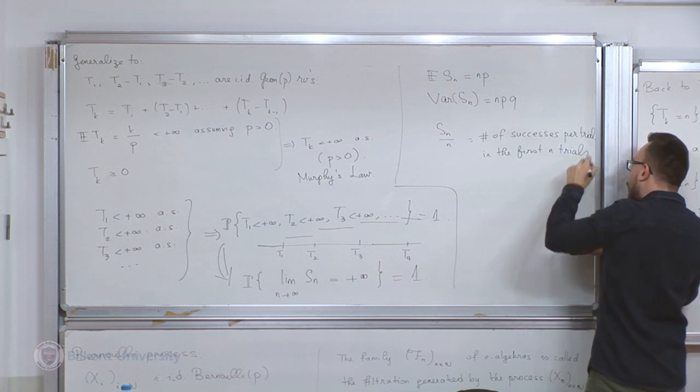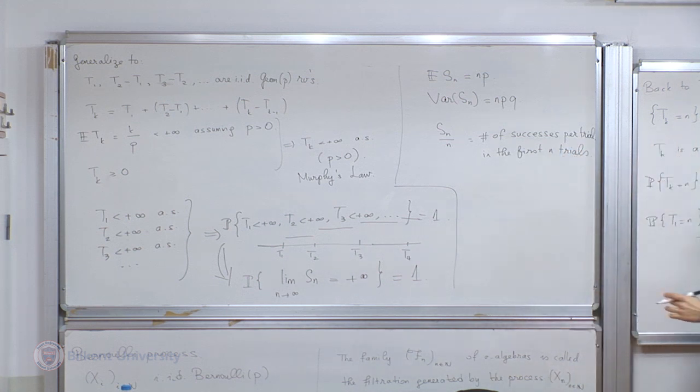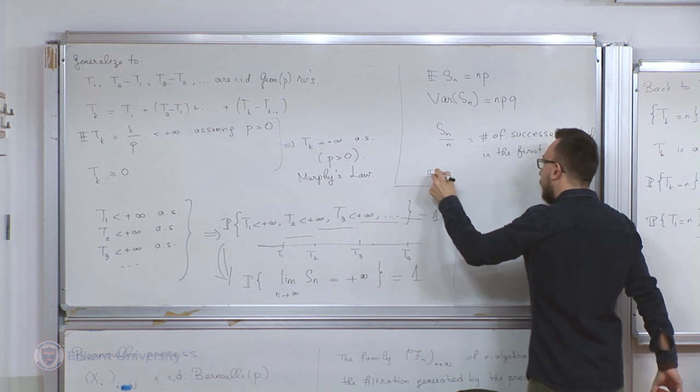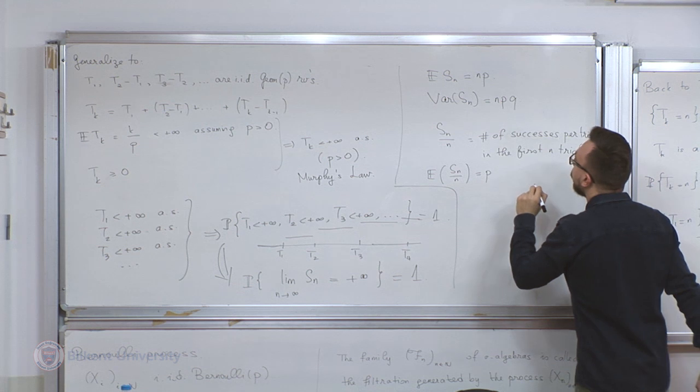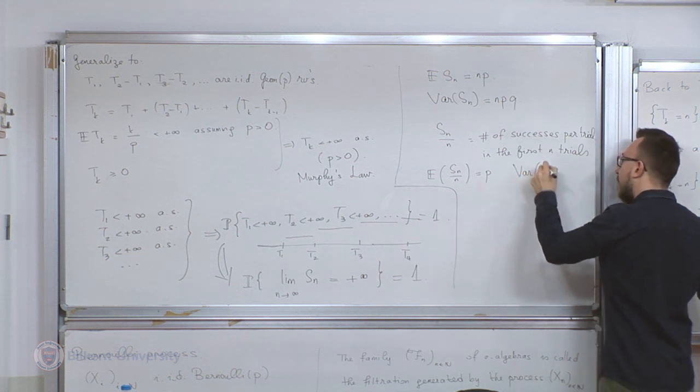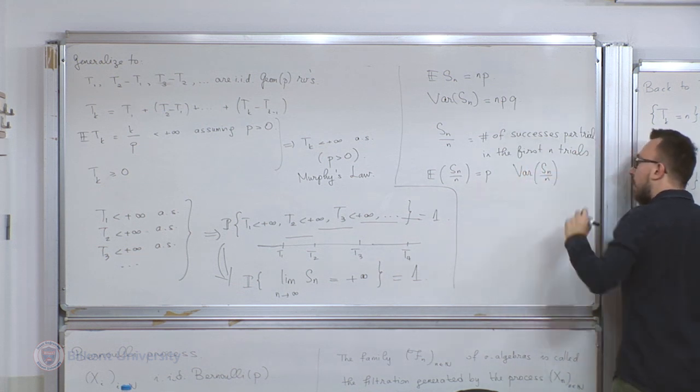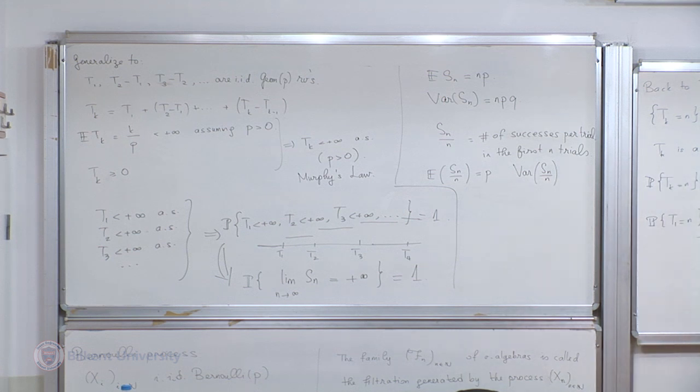Okay? So it's a ratio which changes as you increase n. So what is the expected value of this? Just p. What is the variance of this? What is the variance of Sn over n?